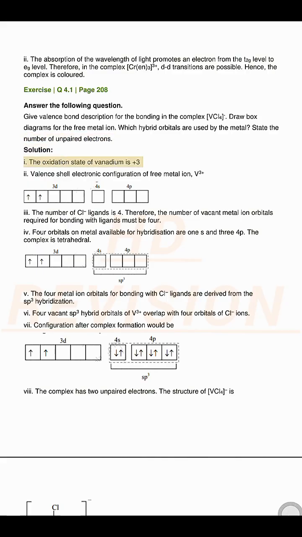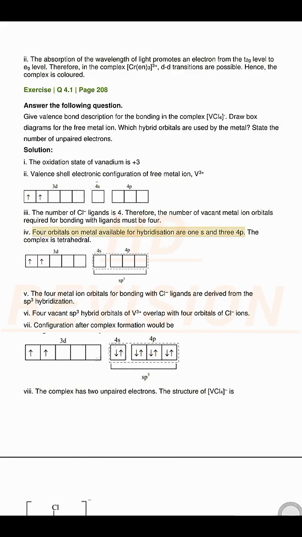Solution. I. The oxidation state of vanadium is +3. II. Valence shell electronic configuration of the free metal ion, V3+. III. The number of Cl ligands is 4. Therefore, the number of vacant metal ion orbitals required for bonding with ligands must be 4. IV.